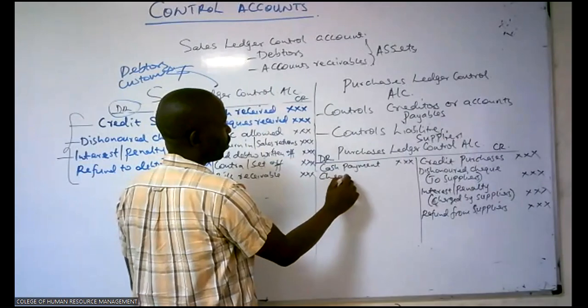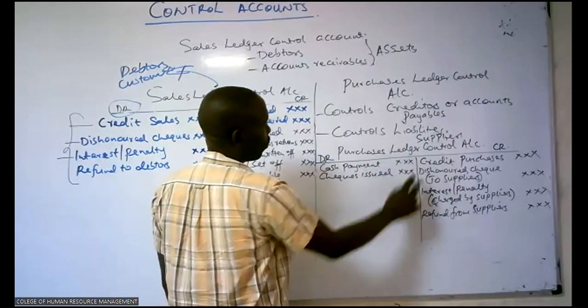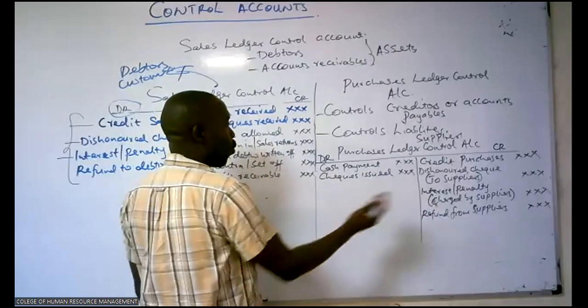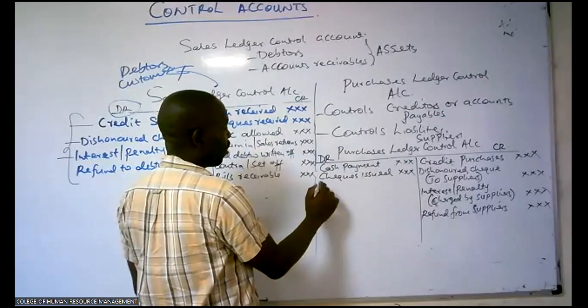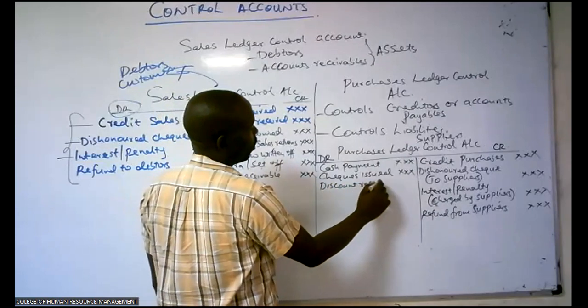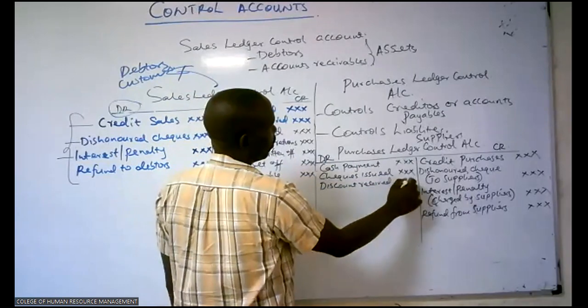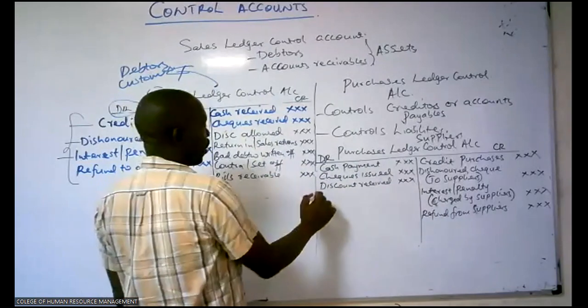The checks issued to them, we are reducing the money. When they give us discount, it reduces what we are supposed to pay them. So here we shall have the discount received. It reduces what we are supposed to pay them.